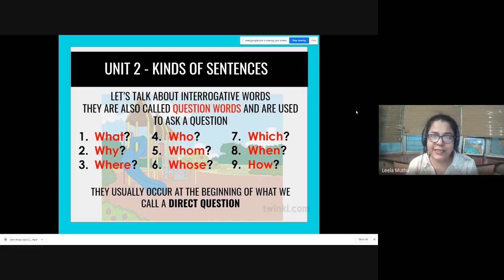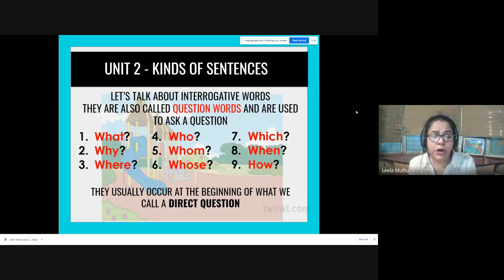Most of the words you've noticed start with the W, except for how, but all these are interrogative words, okay? And they're always trying to get information. Sometimes, like I said, the next word after these interrogative words is a verb, sometimes it's a noun, okay? So we use interrogative words all the time when we want to get information.